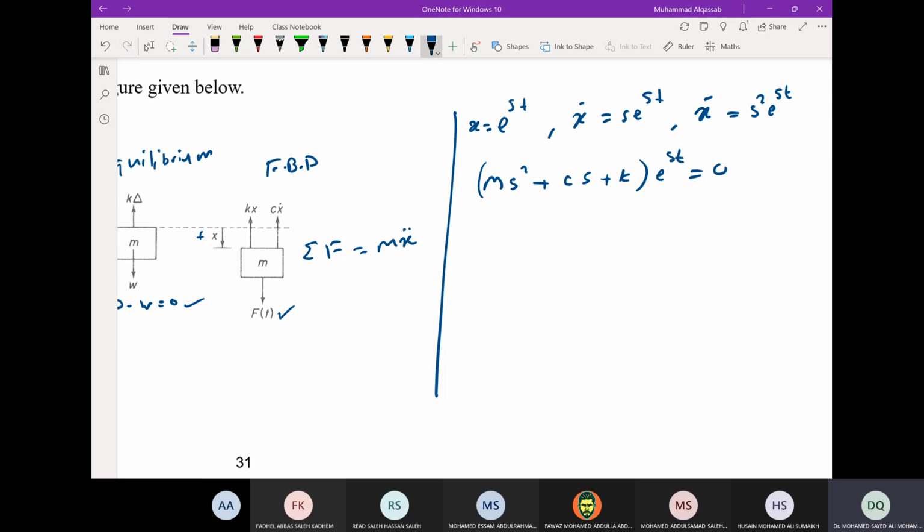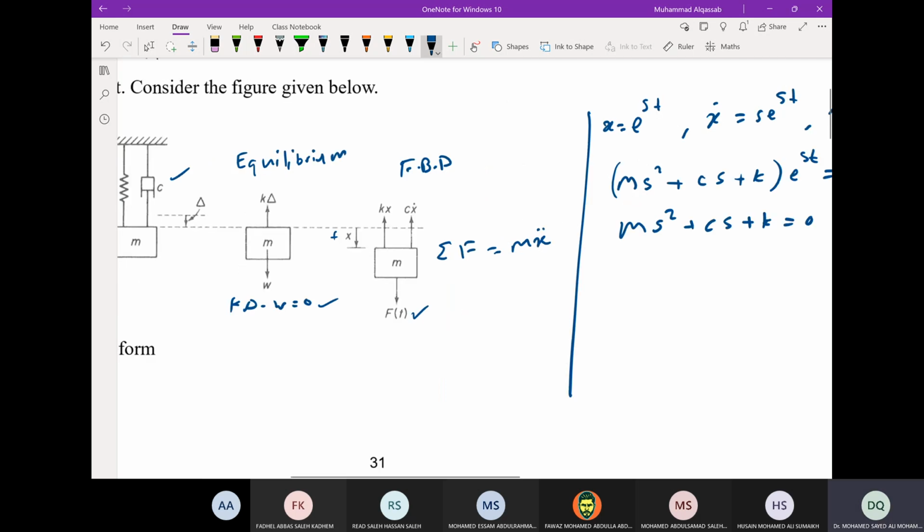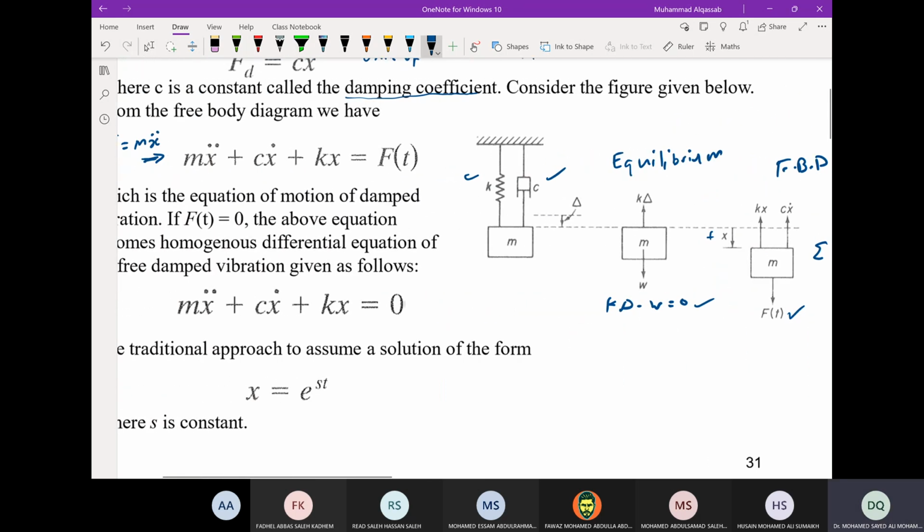Since e to the power st is not 0, the expression in the parentheses is equal to 0. We have m s squared plus c s plus k equals 0. This equation is called the characteristic equation, from which you can find the values of s.